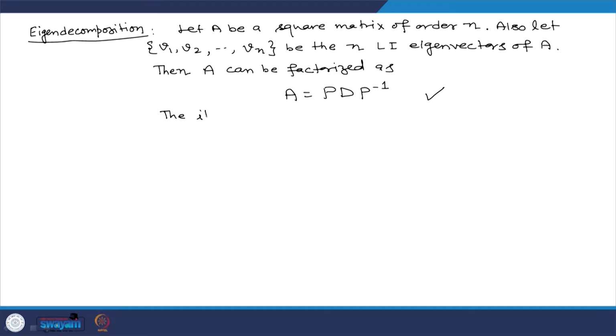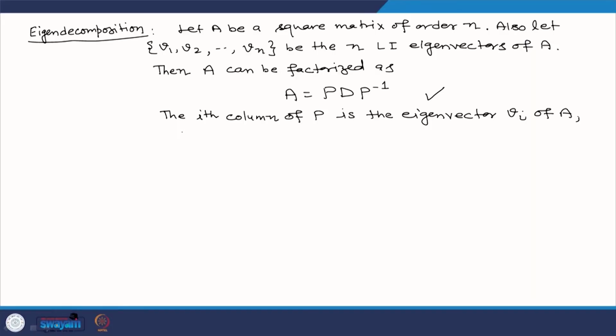The ith column of P is the eigenvector Vi, and it is an eigenvector of A. So, in forming our matrix P, the first column is the first eigenvector of A, the second column of P is the second eigenvector of A, and so on.